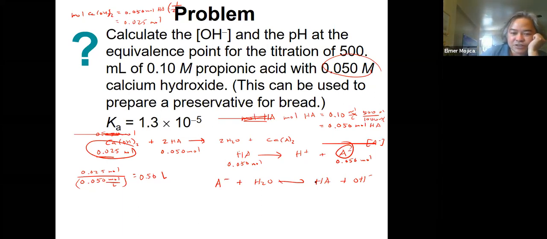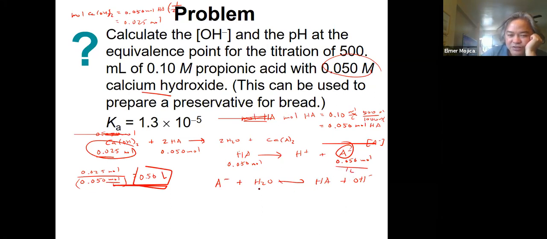I need the total volume. That's why I need to get the volume of the corresponding calcium hydroxide that reacted with propionic acid. So since this is just 1 liter, I could say I have here 0.05.